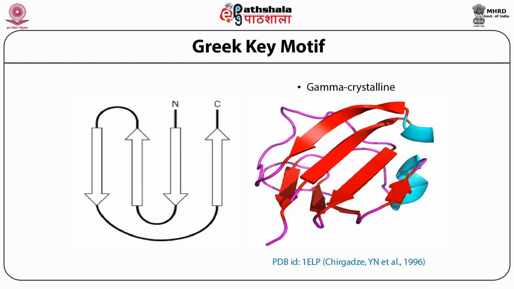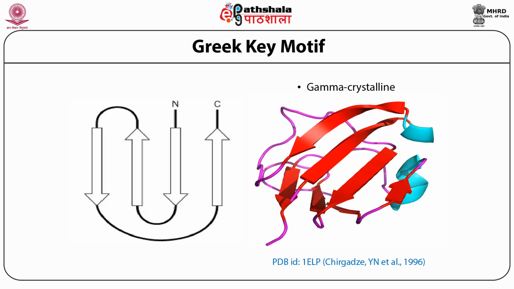Here there is a small beta strand, and a small loop connecting to another beta strand, and they form antiparallel beta sheets. This second and third beta strands are also connected by a small loop, and that forms an antiparallel beta sheet. And this third beta strand, which is connected by a longer loop, becomes antiparallel to the first beta strand.